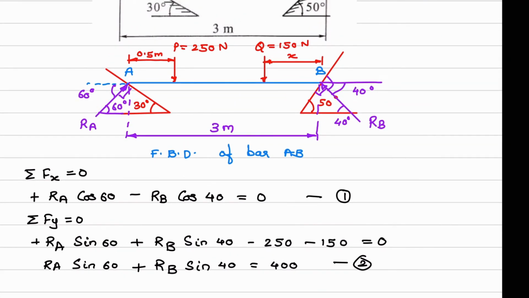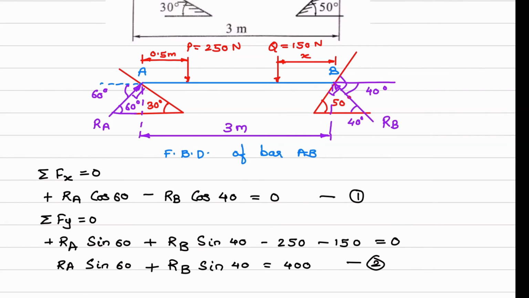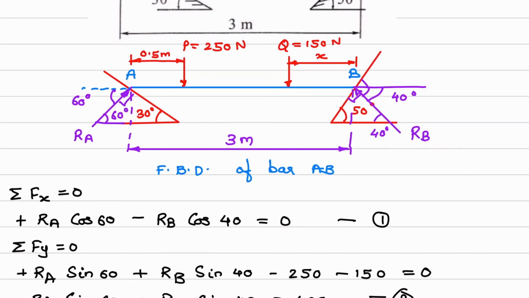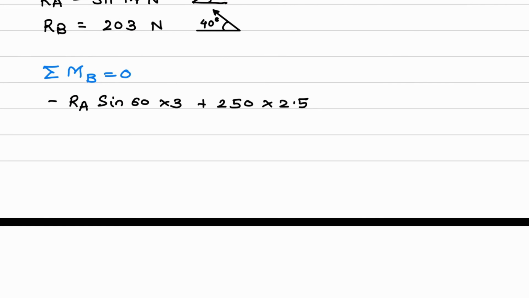Next force is Q. Keep your thumb at point B, rotate it in the direction of arrow, it is anti-clockwise. So plus 150 into distance x equal to 0. So plus 150 x equal to 0.